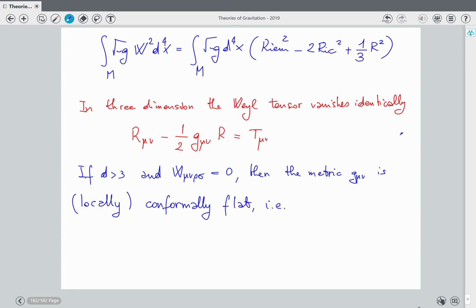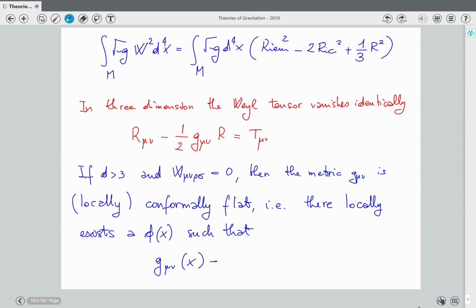Which means that there exists locally a sort of scalar such that the metric is conformally flat, is flat up to a conformal transformation.